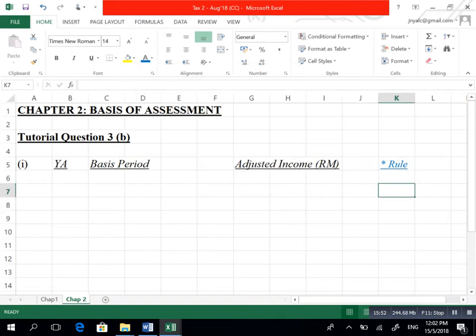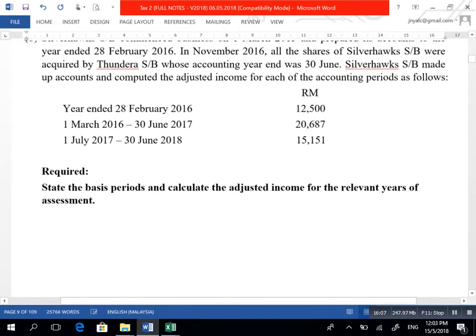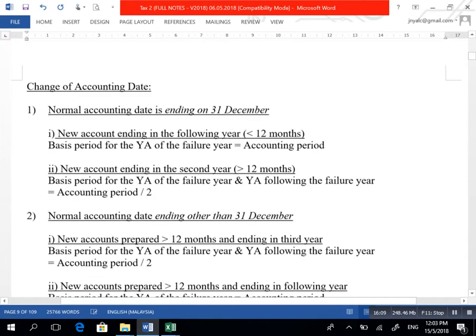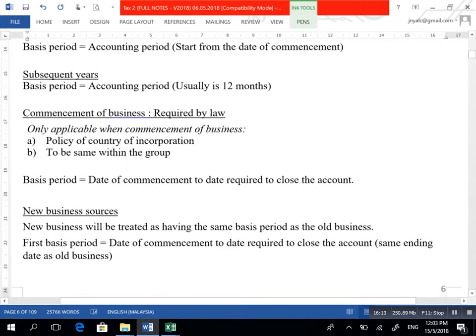So class, first year, commencement, you follow which rule? Refer to your notes, and then go to your page number 6. Back to here again. In here, under company, trust, body, LLP.